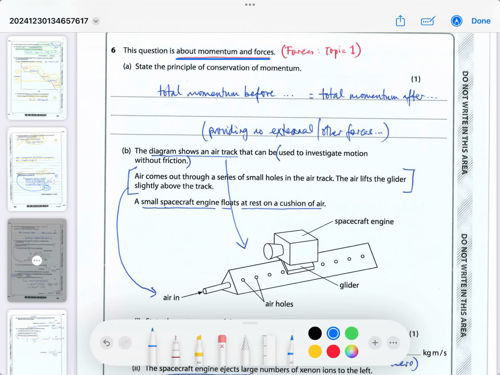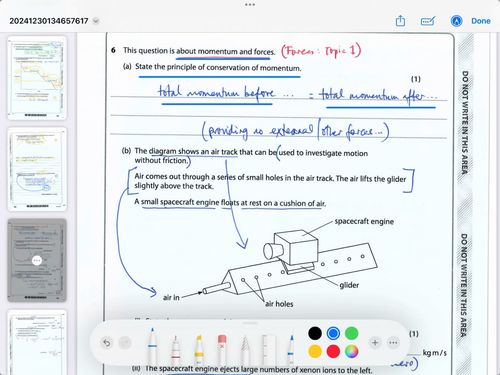Then they want you to know what is the principle of conservation of momentum. So whenever two objects interact, so it could be a collision, for example, the total momentum before the interaction is equal to the total momentum after. That's the underlying simple principle of the conservation of momentum.